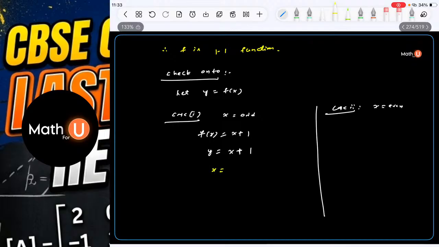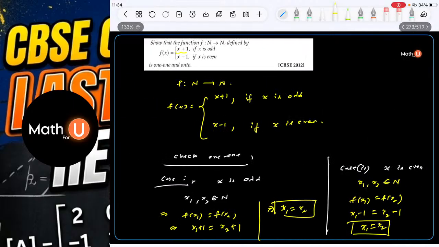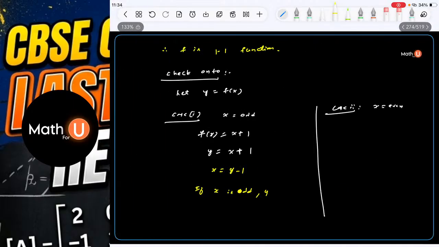Okay, what is the x value we get? y minus 1. If x is odd numbers, then y is even.